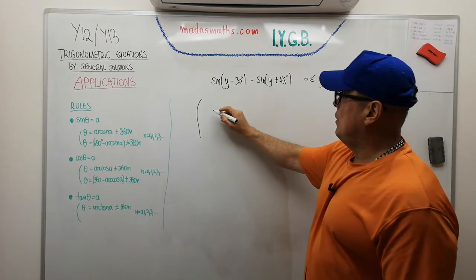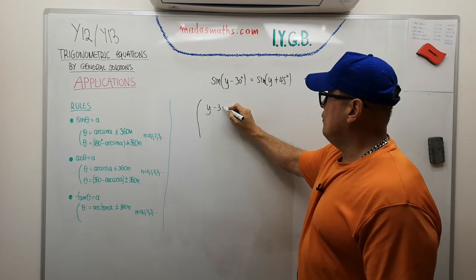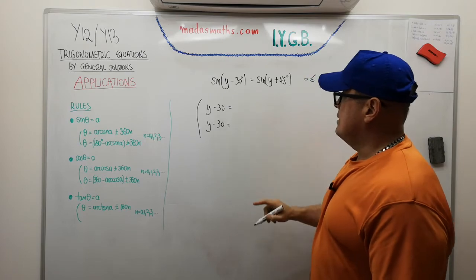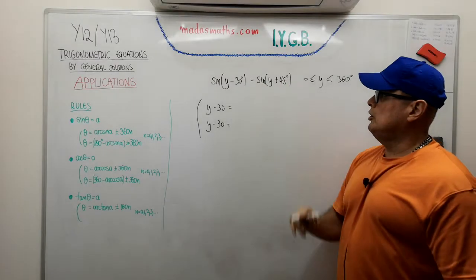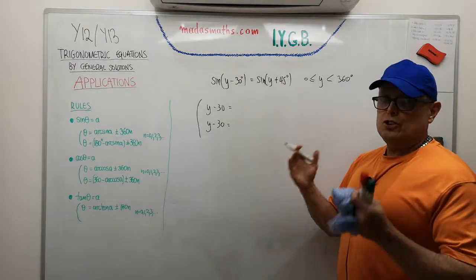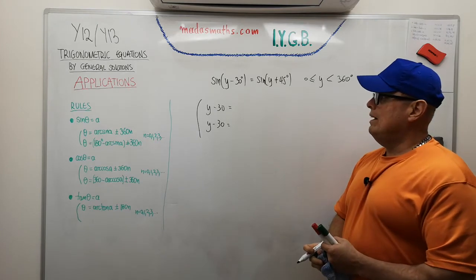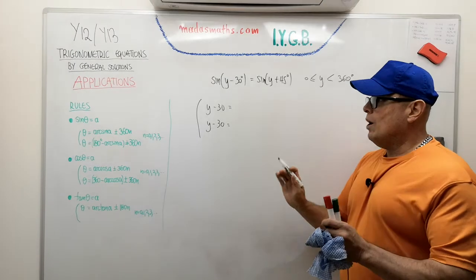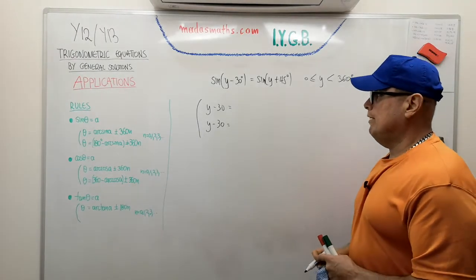Stick this on the left, y minus 30, y minus 30. Incidentally, if you try to do this without a calculator using compound angles, it will be impossible; you will have to use your calculator. This requires no calculator whatsoever.